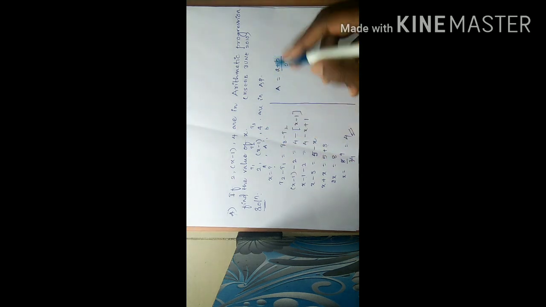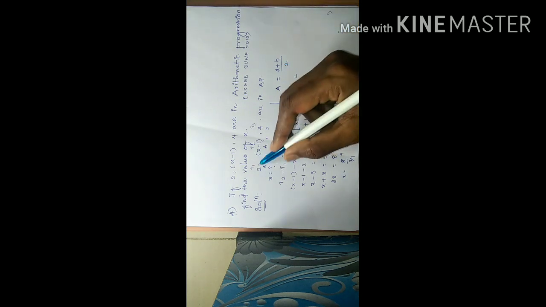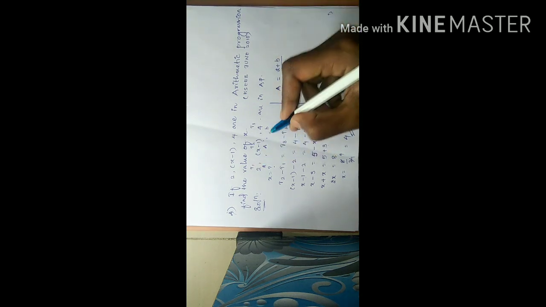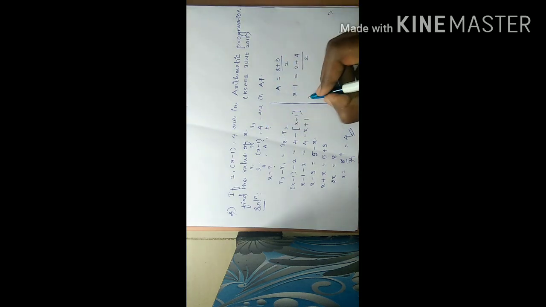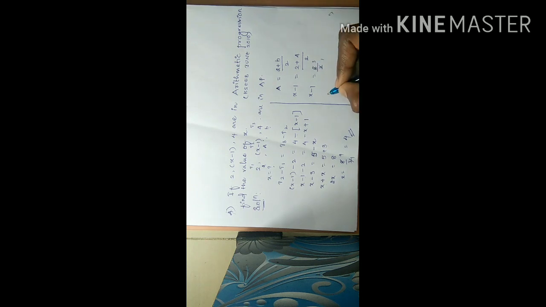So A is equal to x minus 1, that is equal to small a, which is 2, plus b, which is 4, divided by 2. So x minus 1 is equal to 2 plus 4, which is 6, divided by 2. 2 threes are 6. That is x minus 1 is equal to 3. Take minus 1 to that side, plus 1, so x is equal to 4.